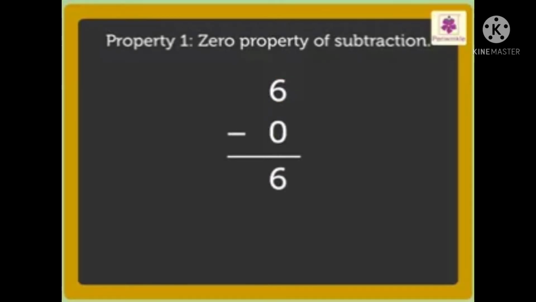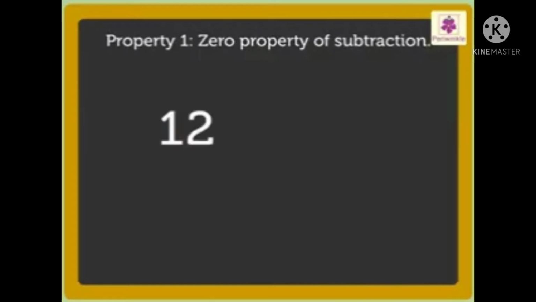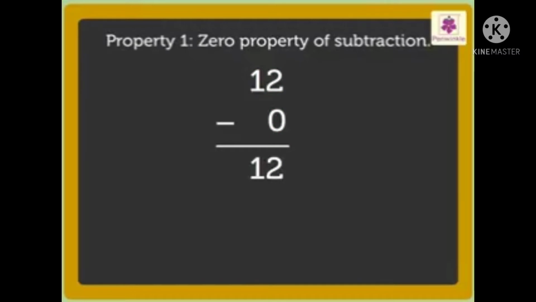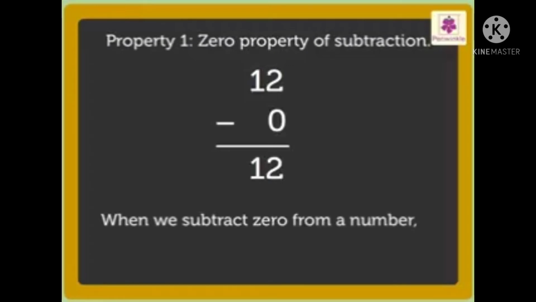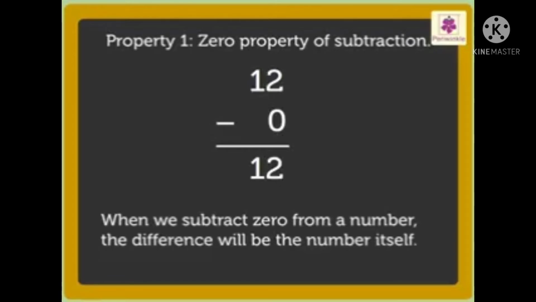Let us see one more example. Let us take the numbers 12 and 0. When we subtract 0 from 12, we get the difference 12. This tells us that when we subtract 0 from a number, the difference will be the number itself.